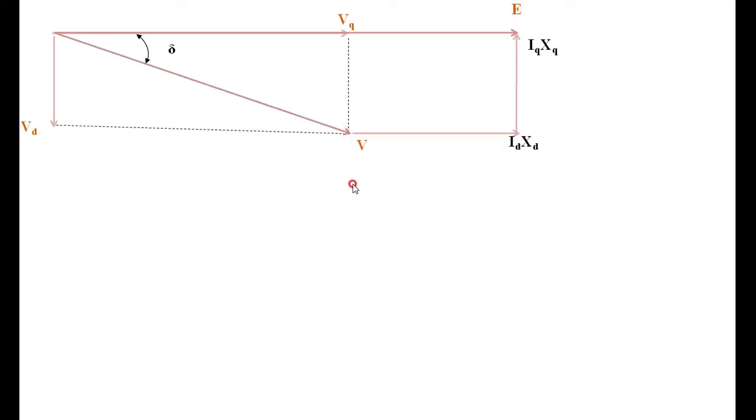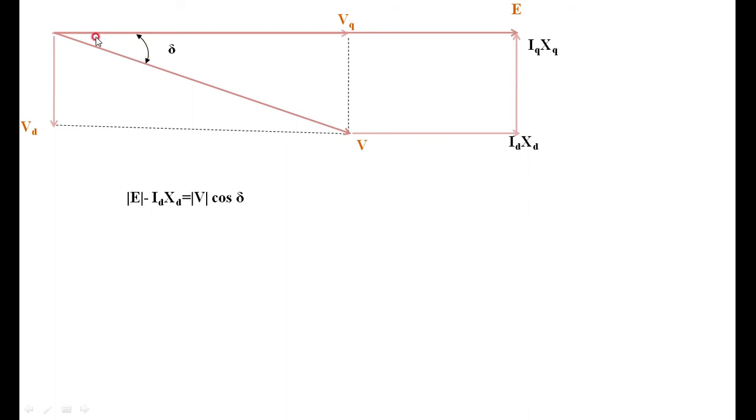First, I am extracting from V. I am resolving V into two components, that is VQ and VD. At the same time, if you look at this triangle, I am writing the equation first. I am taking the cos function, cos delta. What is cos delta?